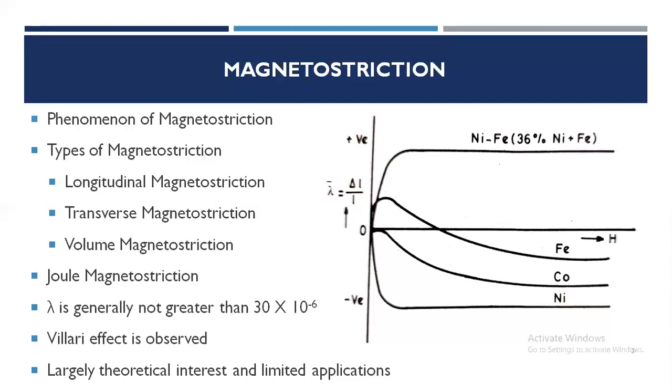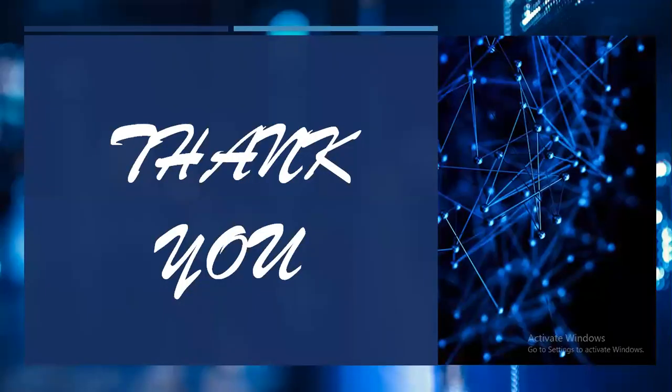The magnetic permeability is related to magnetostriction, and for high permeability material applications, an effort is made to keep magnetostriction as low as possible. Thank you very much.